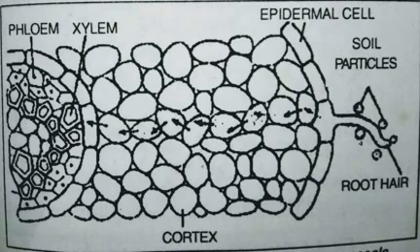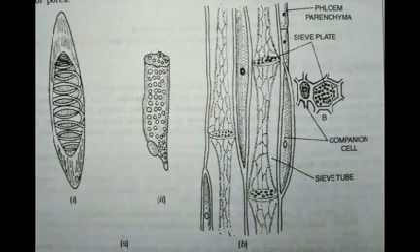The movement of organic compounds is along a concentration gradient, that is, from a region of high concentration to a region of low concentration. Now, translocation of food, or the transport of food and other substances, occurs through various steps.